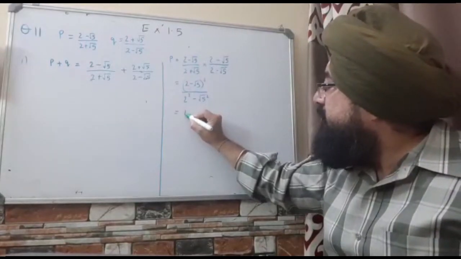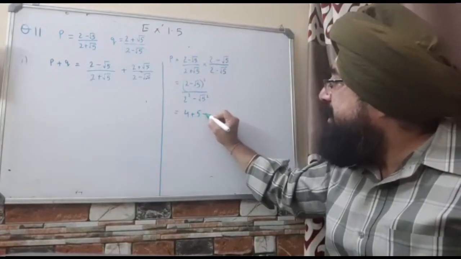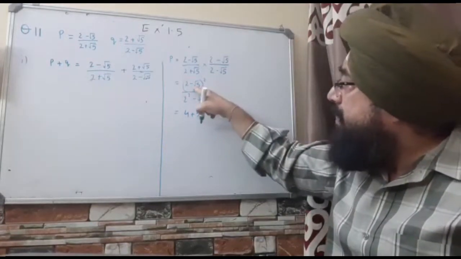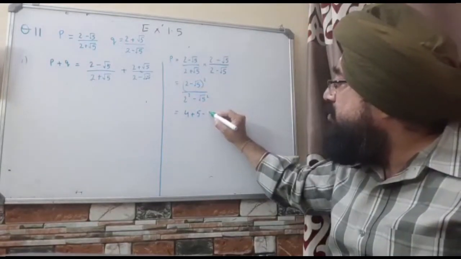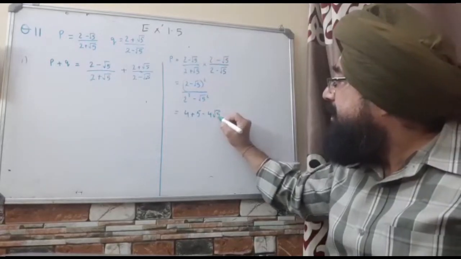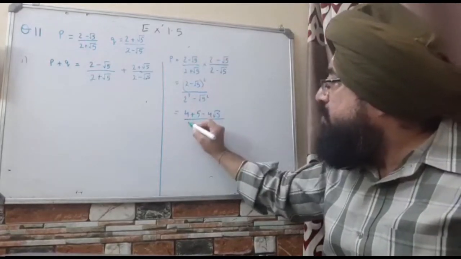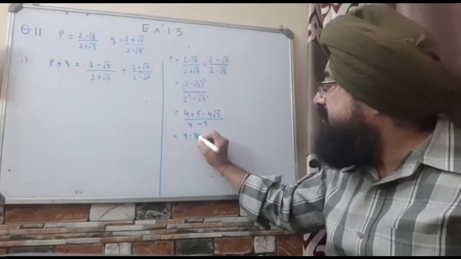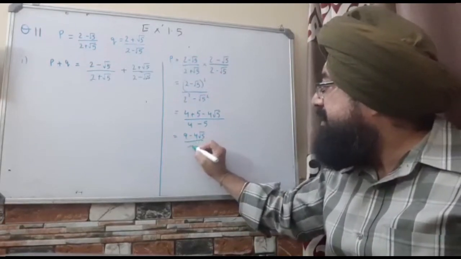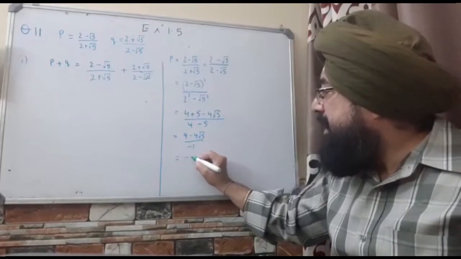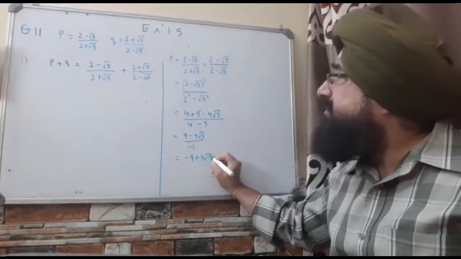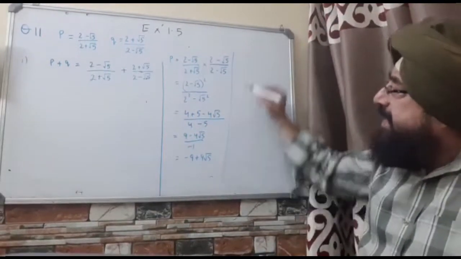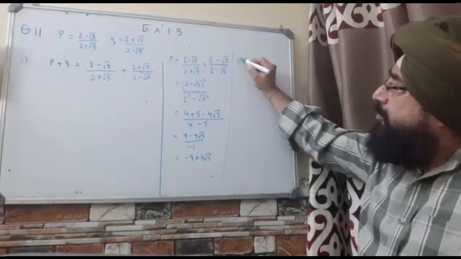It says 4 plus 5 minus 2ab, a square plus b square minus 2ab, meaning 4 root 5 over 2 square is 4 minus 5. So it becomes (9 minus 4 root 5) over minus 1, and so that is minus 9 plus 4 root 5. So I have found P, and now I am finding Q for you.